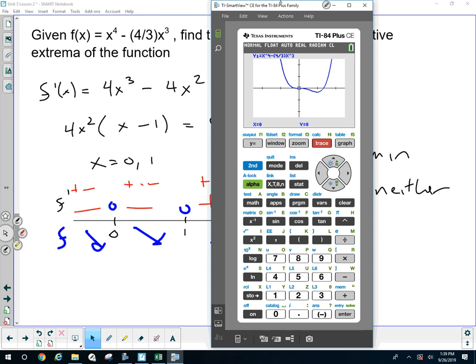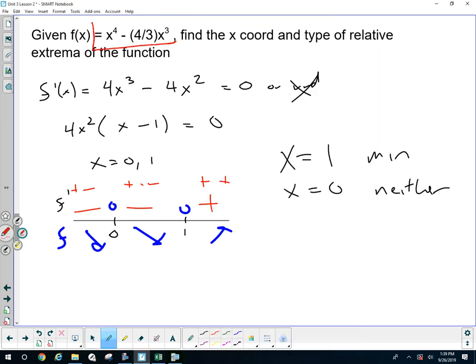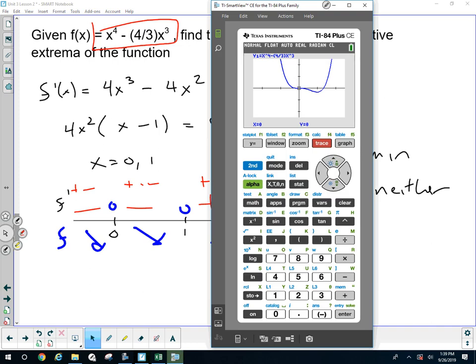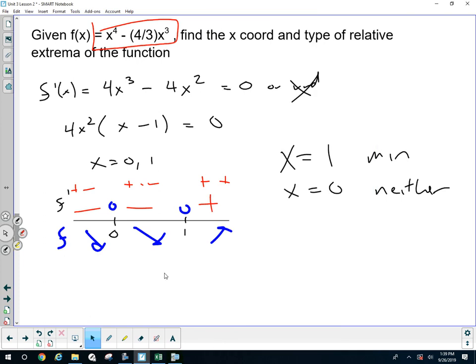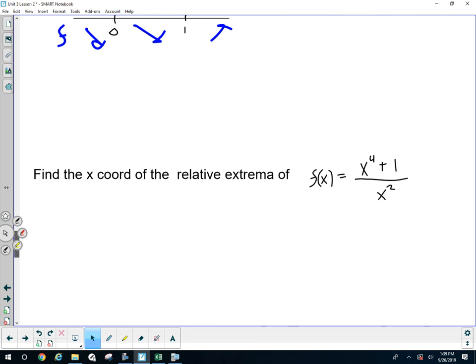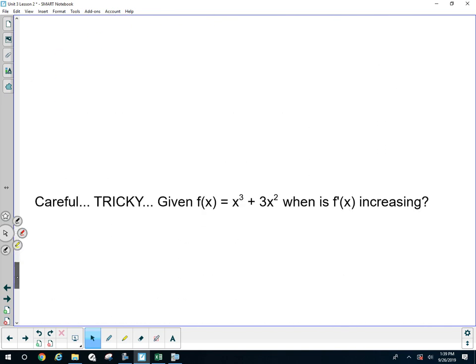If I plugged 1 into this function, you see the y-coordinate of the min, which would be the next step of what we would want to do, to find minimum values. I know this is going to be an absolute min because I'm going down, then coming back up. It's not only going to be a relative min, I can look at this and say, oh, that's going to be the location of an absolute min. And then I can find the actual value by plugging 1 into my function. Okay? Cool. I'm going to come back and do this during Genius Hour.